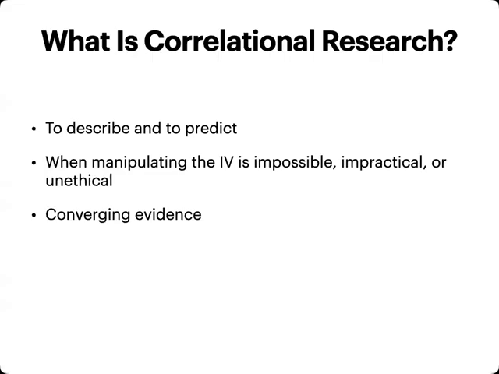Lastly, correlational research can support theories by providing converging evidence. If a theory is supported by both high internal validity experiments and high external validity correlational studies, confidence in that theory increases. For example, studies linking violent TV viewing to aggression have been supported by experimental research demonstrating causality.